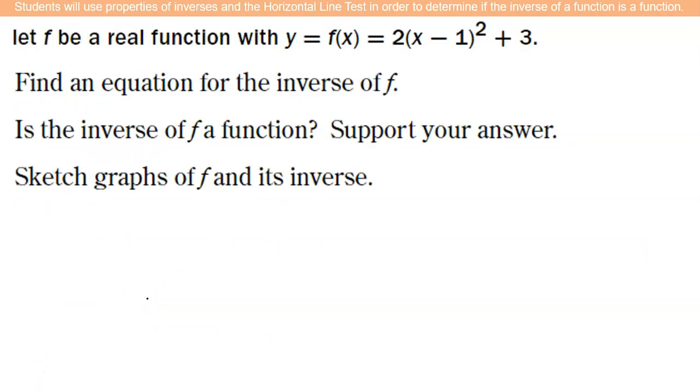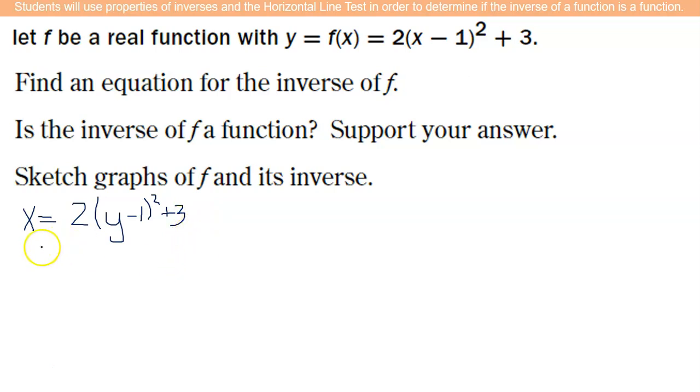Now it's asking you to find an equation for the inverse of f, and then is the inverse a function? Support your answer, and then sketch the inverse of both of those. So to find our inverse, we switch our x and y's. So we have x equals 2 times y minus 1 squared plus 3.